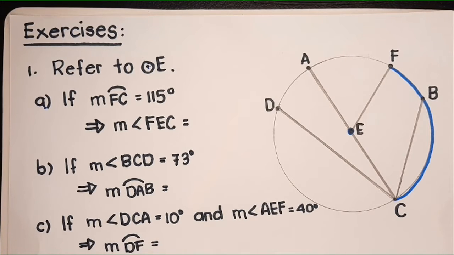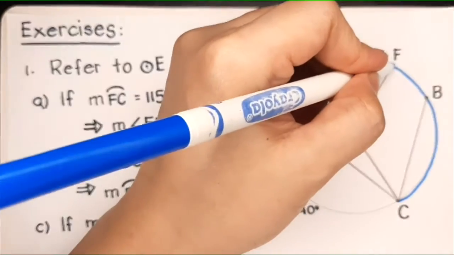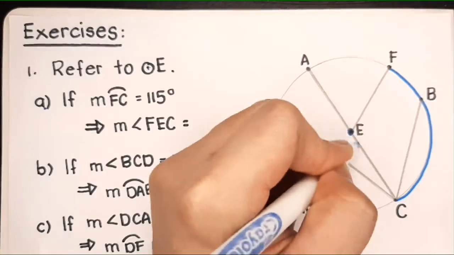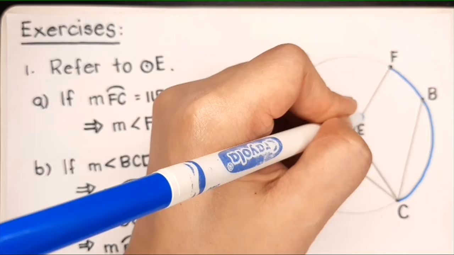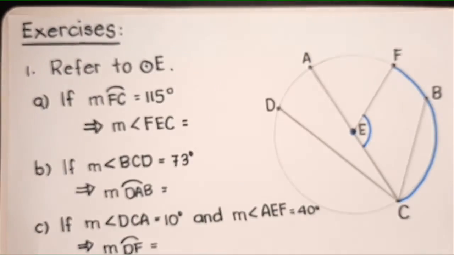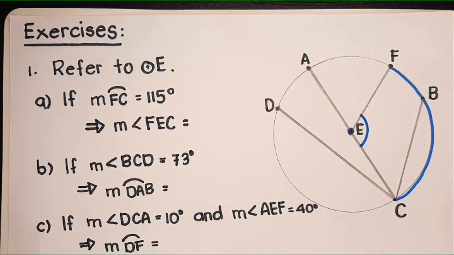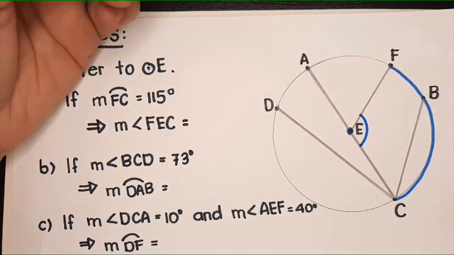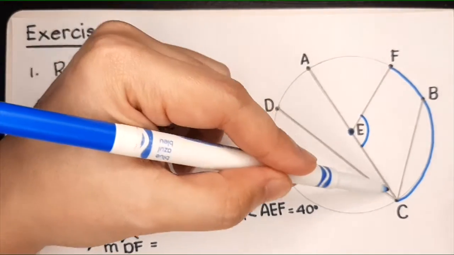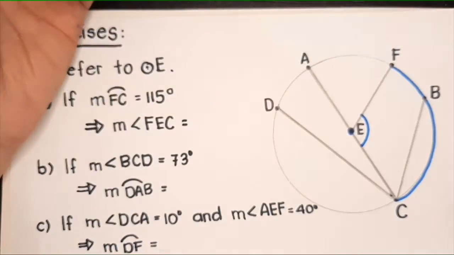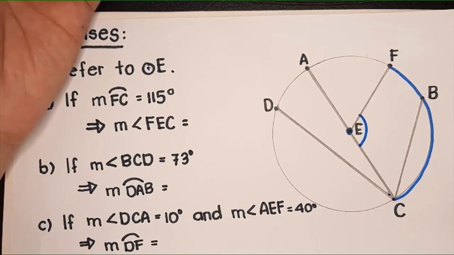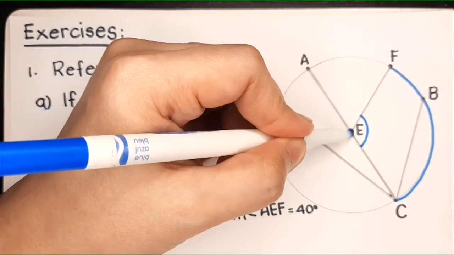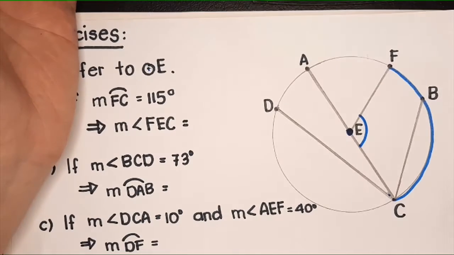What is the measure of angle FEC? Where is that? Angle FEC. So, this angle. So, what do you notice? What kind of angle is angle FEC? It is a central angle. Why? Because its vertex is at the center of the circle.